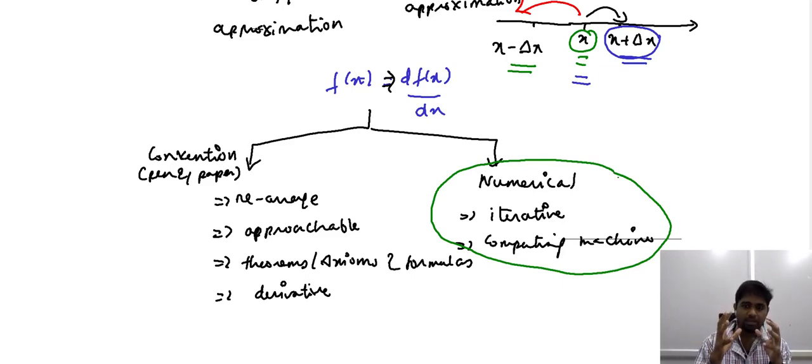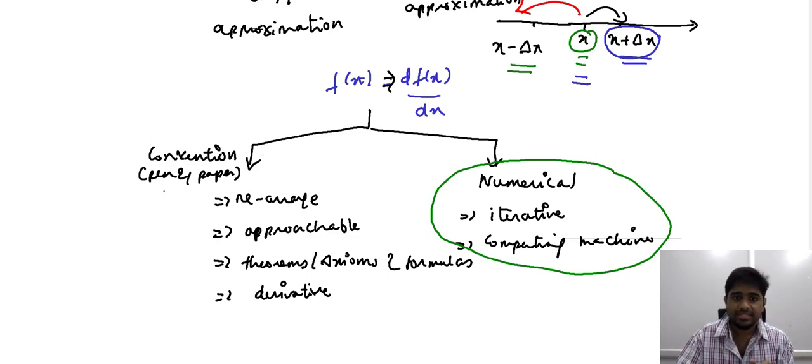Owing to the role numerical treatment plays in materials research, we will be investing a relatively greater amount of time on the different numerical treatments that can be adopted to formulate the derivative of a function. But we will be spending less time on the conventional or analytical treatment.